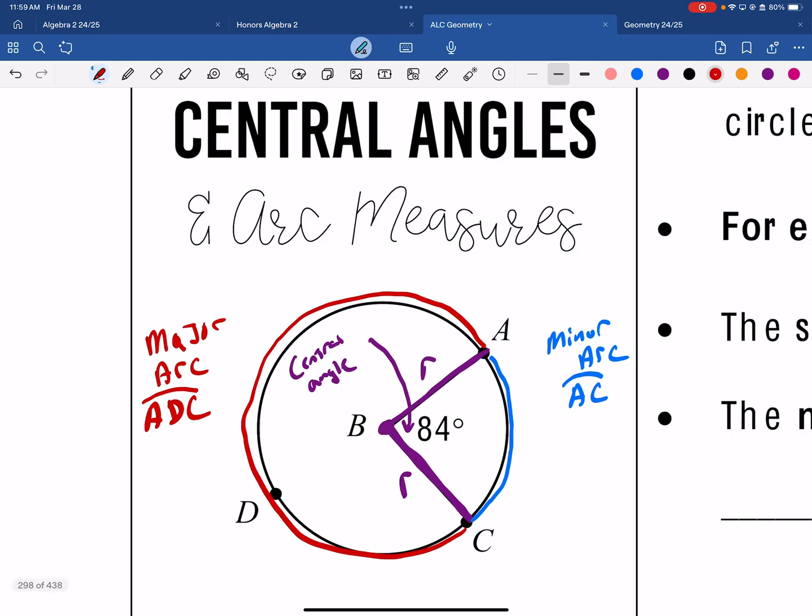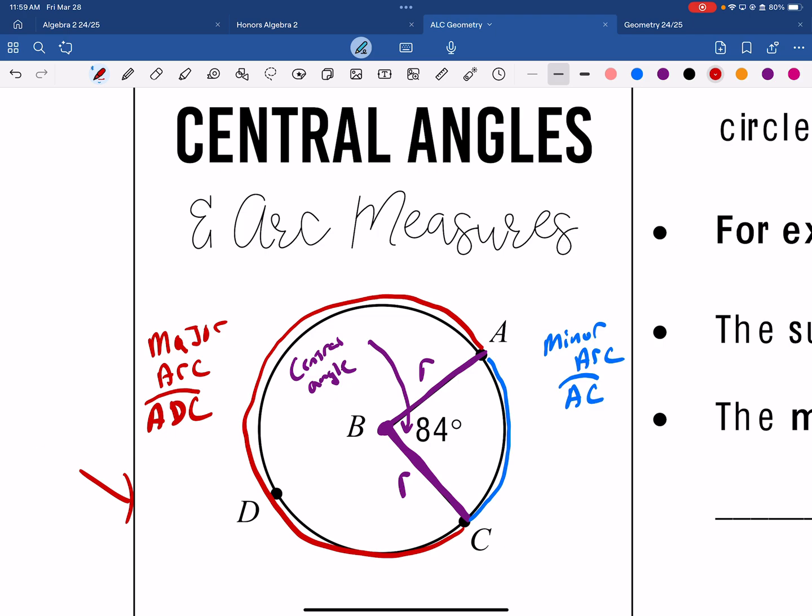So remember the total degree around a circle is 360 degrees. That's the measure of the arcs completely around the outside of a circle. You often hear skateboarders doing 720s or 1440s or 360s. They don't do 360s because that's not big enough anymore. But you hear those types of things.